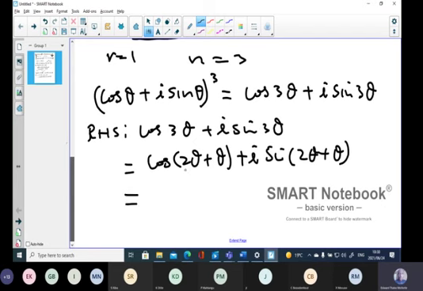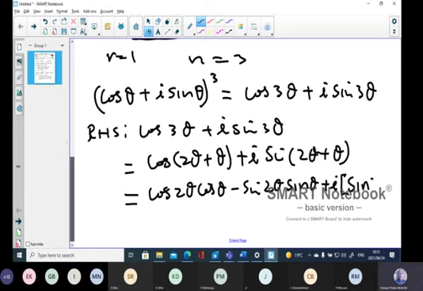Now what remains now is to expand this. We know that cos 2 theta cos theta minus sine 2 theta sine theta plus I. Now we expand this one. It's going to be what? I'll put bracket sine 2 theta cos theta plus cos 2 theta sine theta.